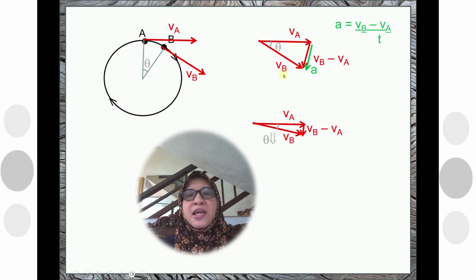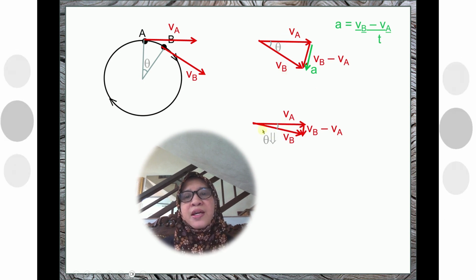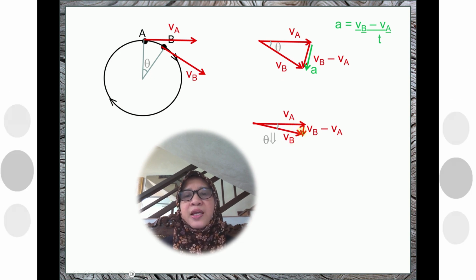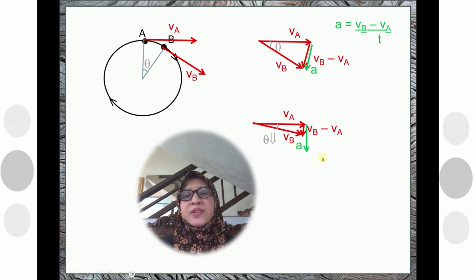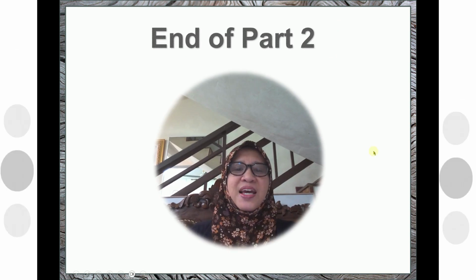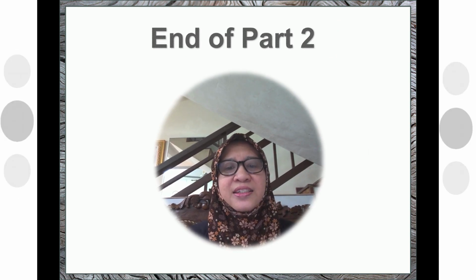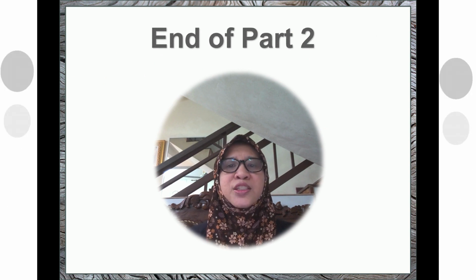VA and VB have the same length, so VB goes nearer to VA, and you can see that the arrow here is pointing perpendicular to VA, or in other words, perpendicular to both VA and VB, because VA equals VB. That means the direction of a is perpendicular to v. That's the end of part 2. Next, we go to part 3.